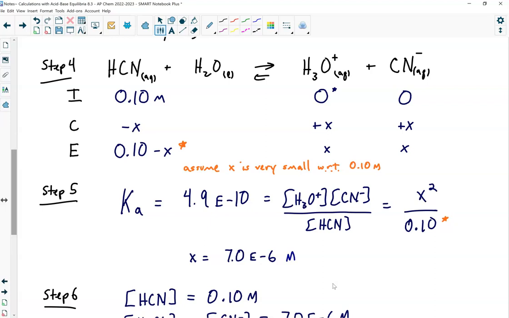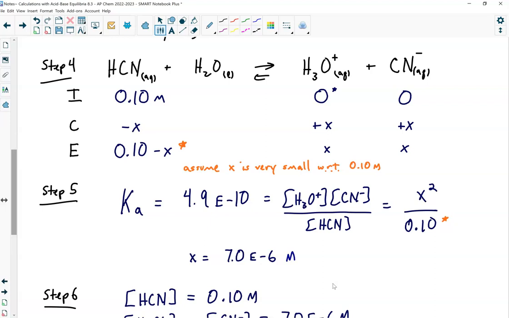Okay, so here's your Ka, just like we did in this case. This is just like we did steps 4 and 5, or just like we did in unit 7. So that's X squared over 0.10, again assuming that. Then you solve for X, and you find that X is 7 times 10 to the negative 6.